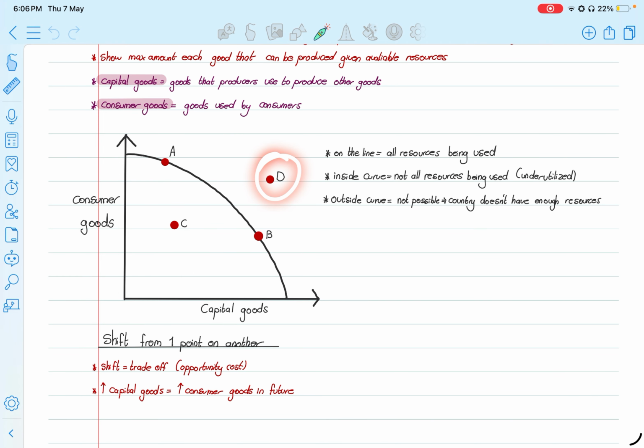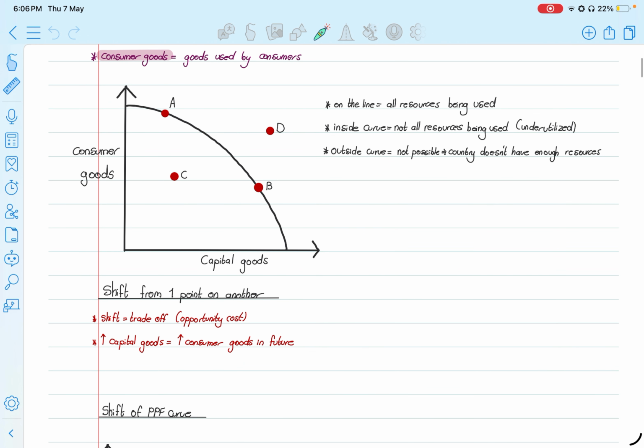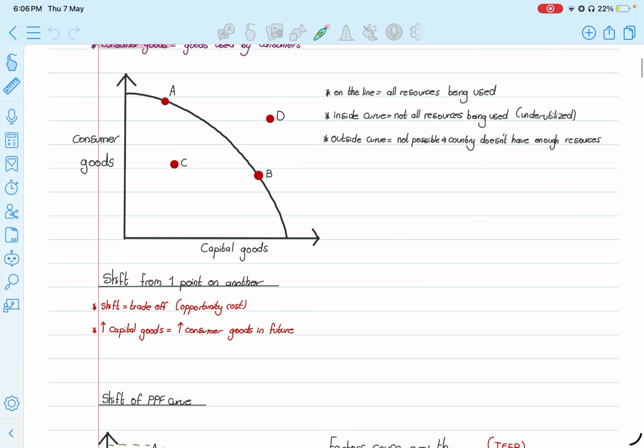Point D, which is outside the graph, is impossible to achieve, mainly because you don't have enough resources to produce at that level. Obviously, there are shifts from one point to another, for example from B to C or B to A. The important thing to know is that when there's a change, you sacrifice something to gain something else.